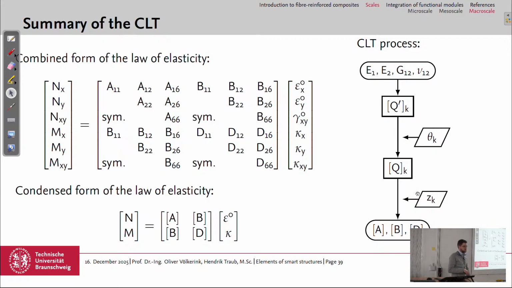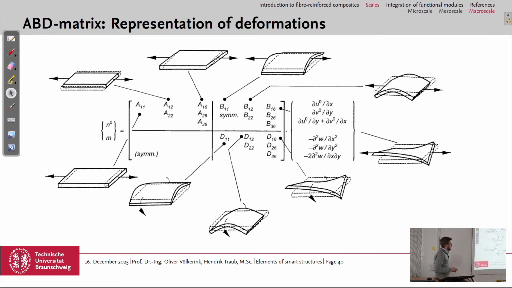So where is the ply located in the laminate, in the middle or outside? And with this, we get in the end the ABD matrix, which is then a full description of the laminate. And by looking at the ABD matrix, we can learn something about the behavior of the laminate.